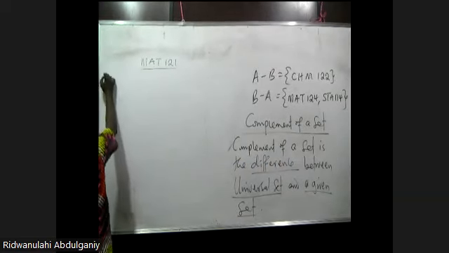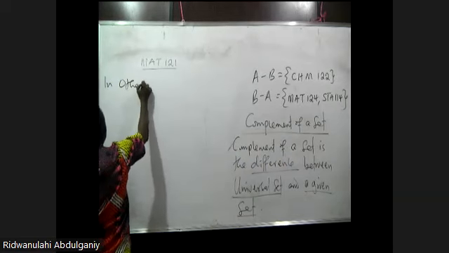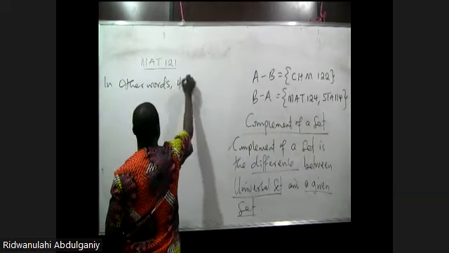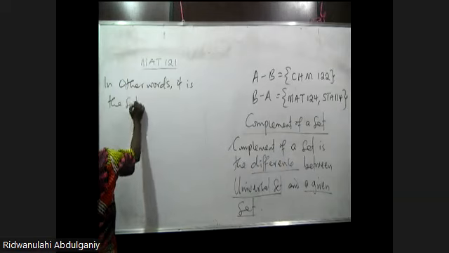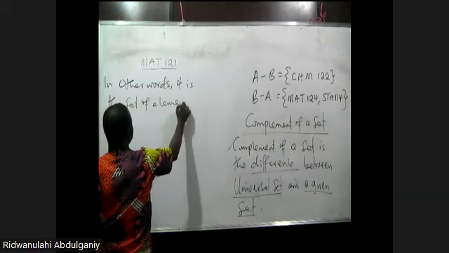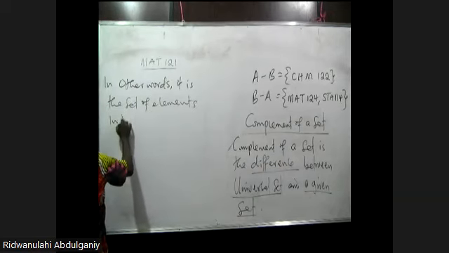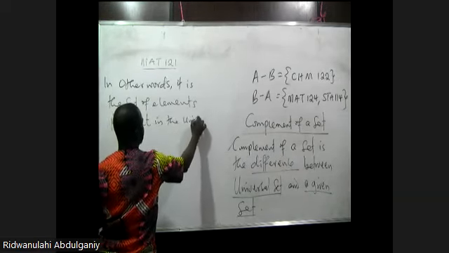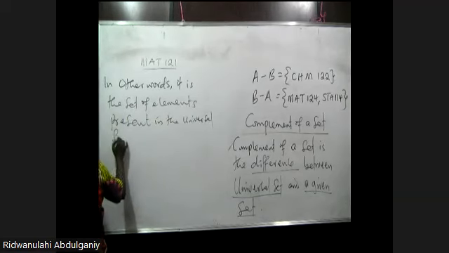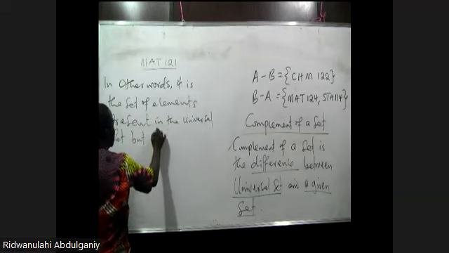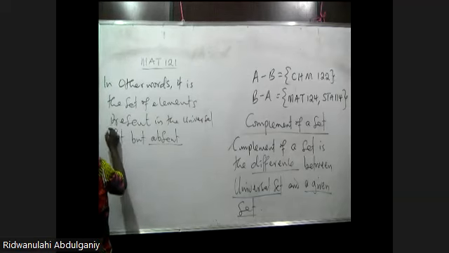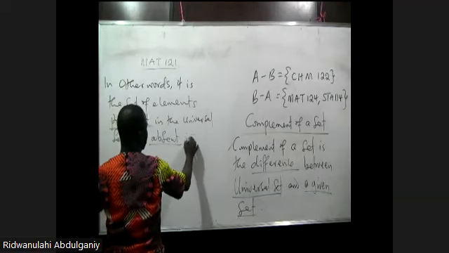In other words, it is the set of elements present in the universal set but absent in a given set.